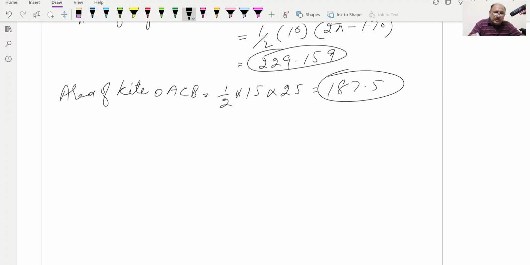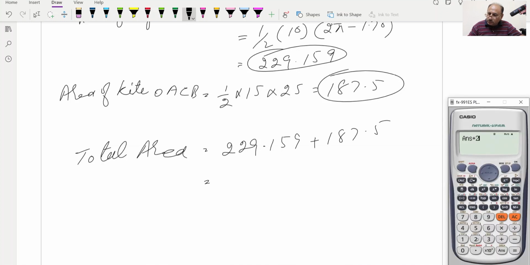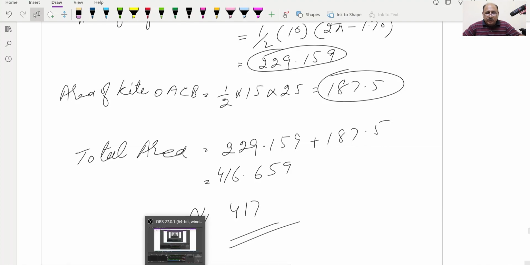So this area and this area, the total area will be 229.159 plus 187.5, which is equal to 416.659. We can write 417 approximately. So we are done with the paper.